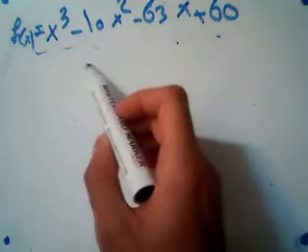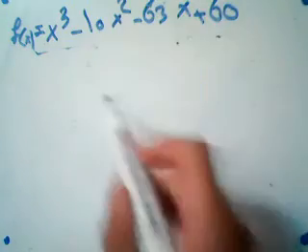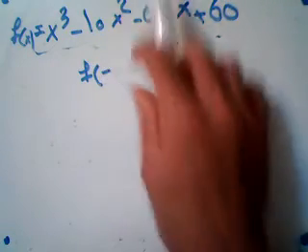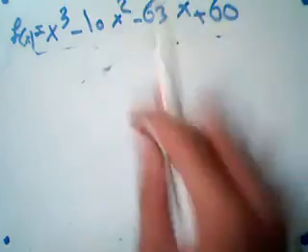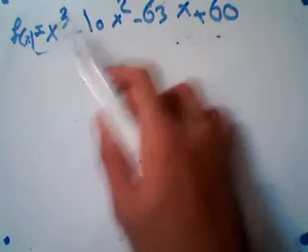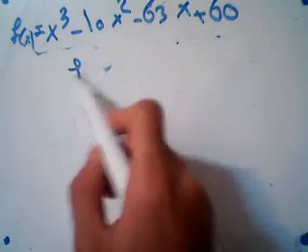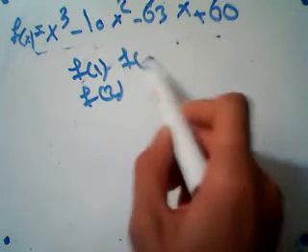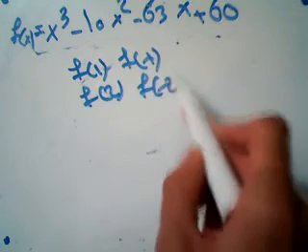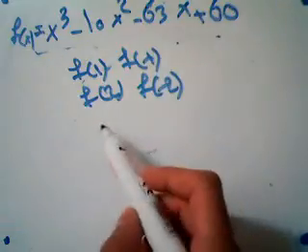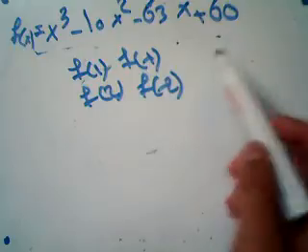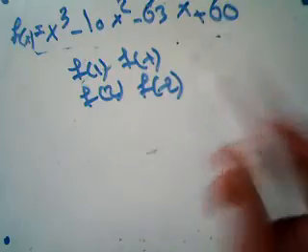For instance, we have to calculate f of 1, f of 2, f of minus 1, f of minus 2, in order to, for the bigger divisors of this.